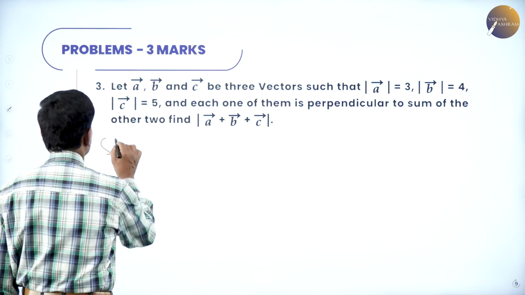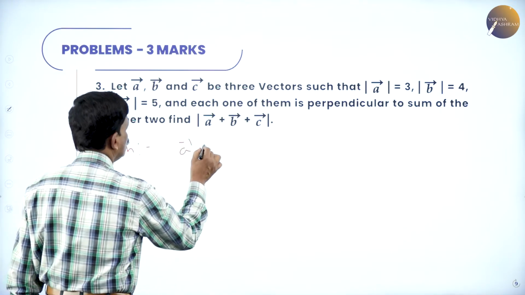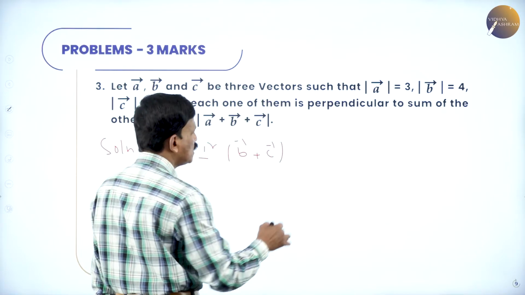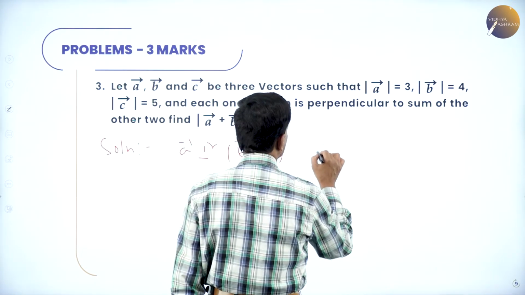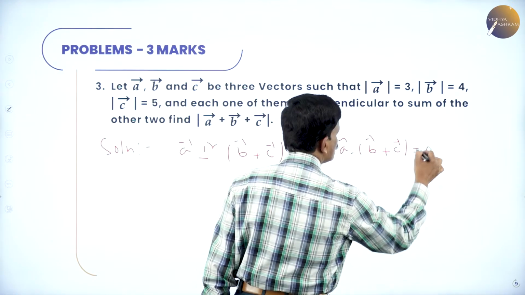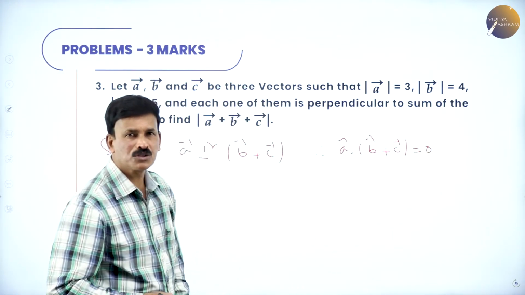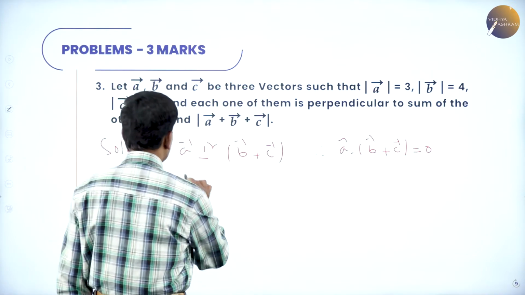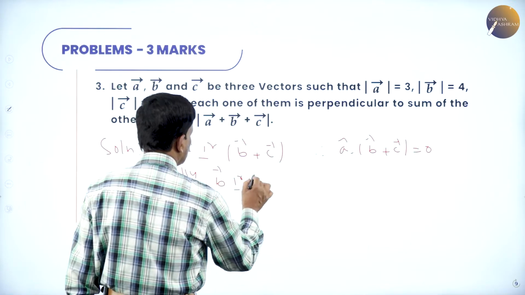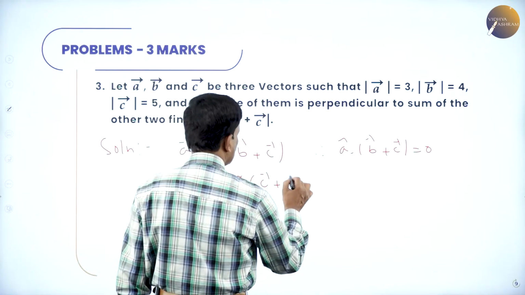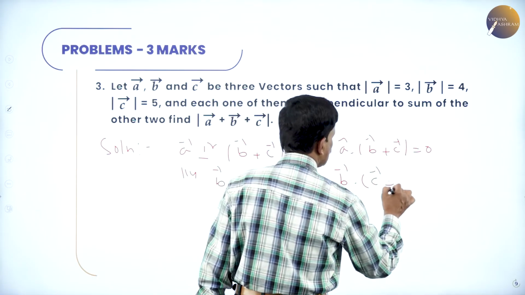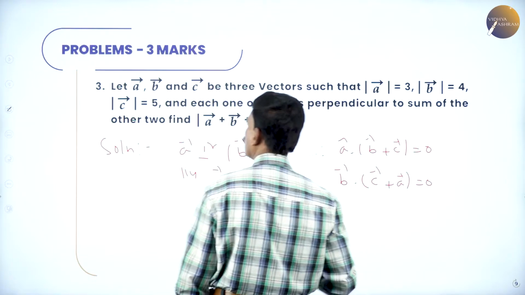Now A, B, C are any 3 vectors such that length of A is 3, length of B is 4 and length of C is equal to 5, and each one of them is perpendicular to the sum of the other 2 vectors. Suppose A is perpendicular to the sum of the other 2 vectors, meaning B and C. So, given that, vector A dot B plus C is equal to 0. Similarly, vector B is perpendicular to C plus A, meaning B dot C plus A is also equal to 0.